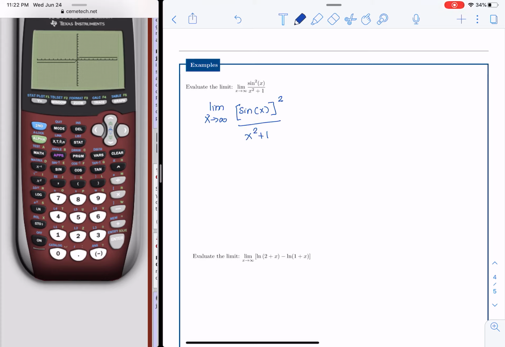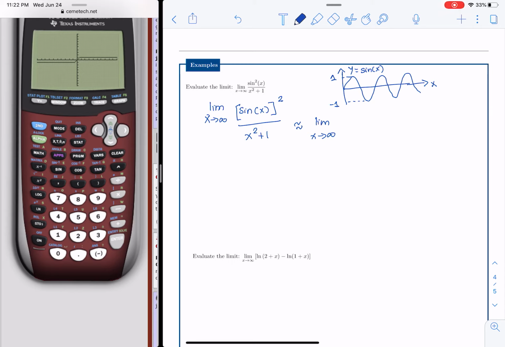No matter what value of x we pick, sine x is a number between 1 and negative 1. And if I square it, the numerator is always going to be a value between 0 and 1. So the upper limit would simply be 1 squared.